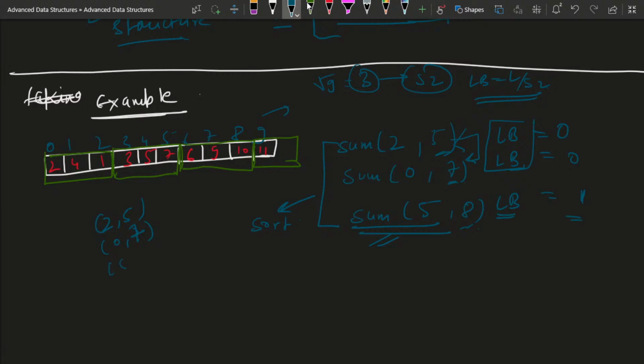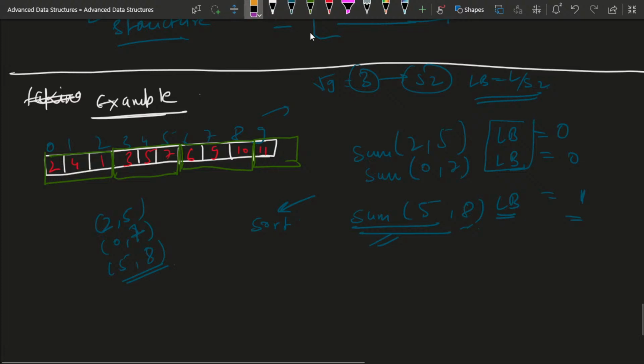5 to 8. Or to understand it more clearly, we can just swap these two queries. Sorry, it should be sum of 0 to 7 here and 2 to 5 here.